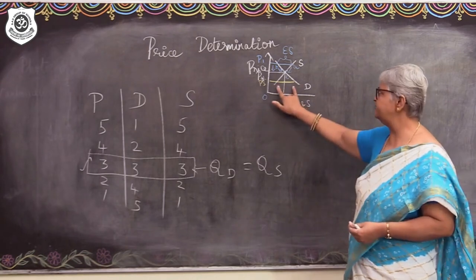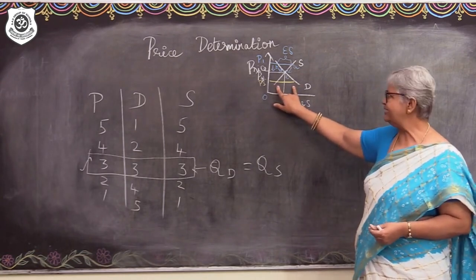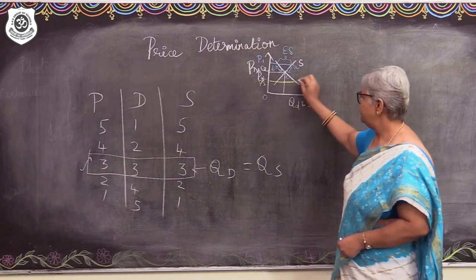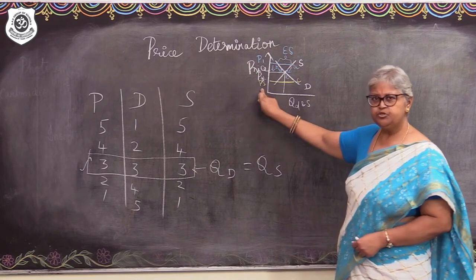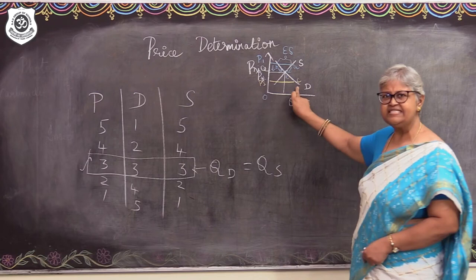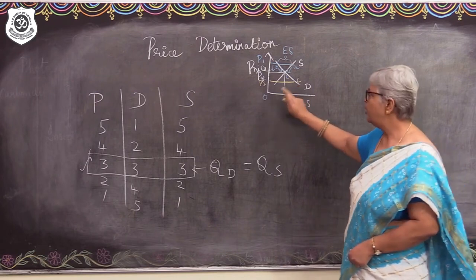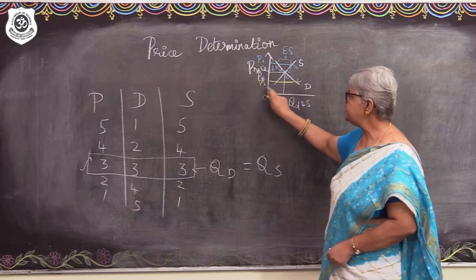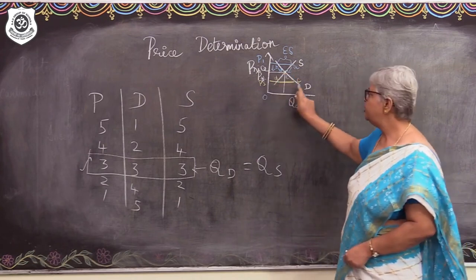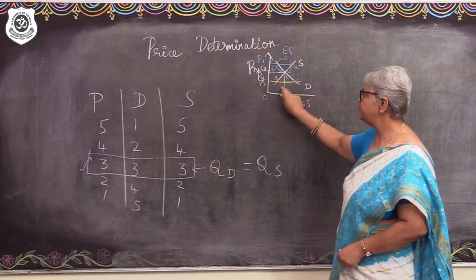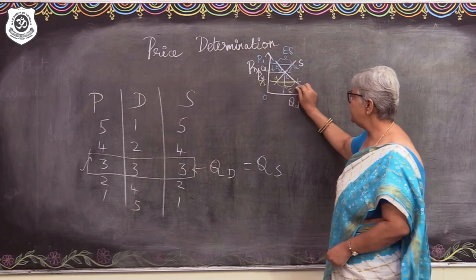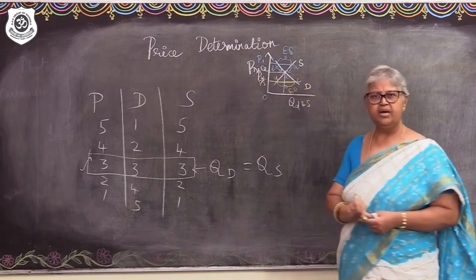Fine. We understand very clearly that there is an excess demand, right? Let us see over here at P2, the demand is probably P2C, right? What about the supply? The supply is P2D. Fine. So to this extent CD, there is going to be an excess demand in the market.